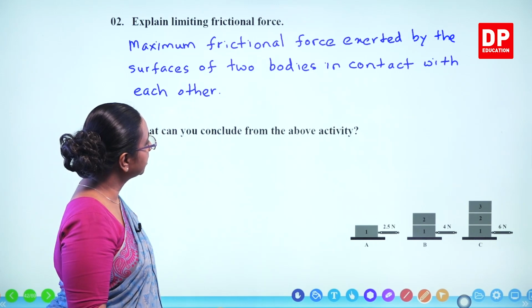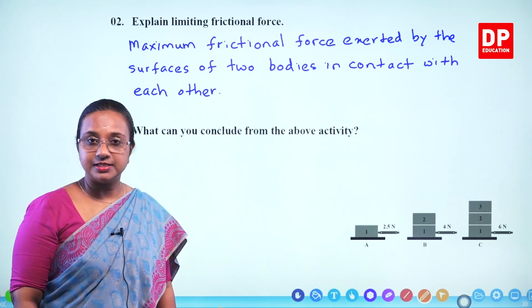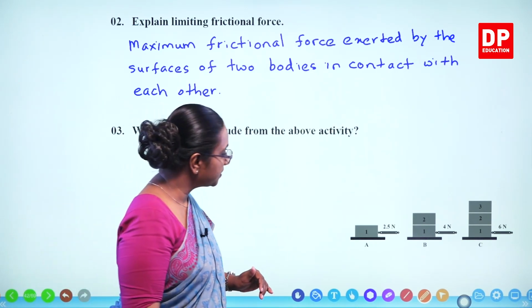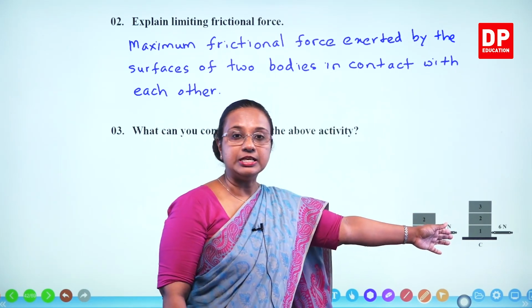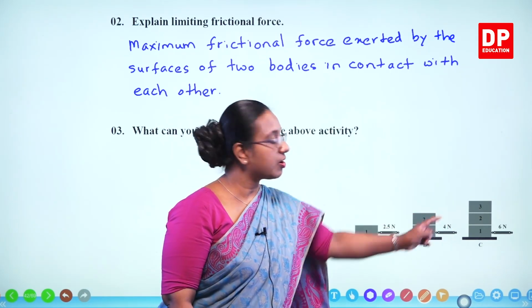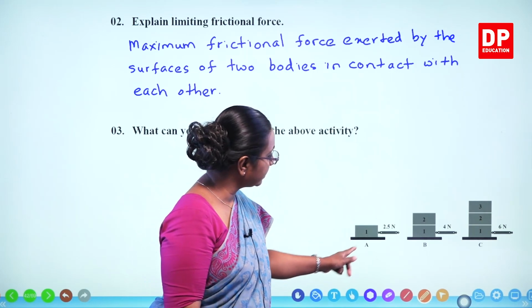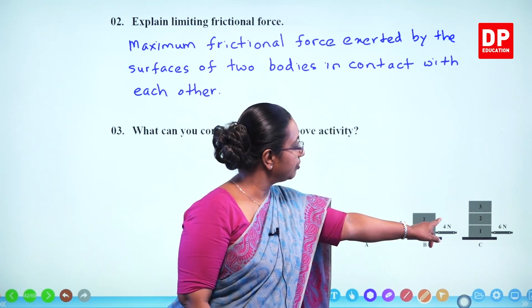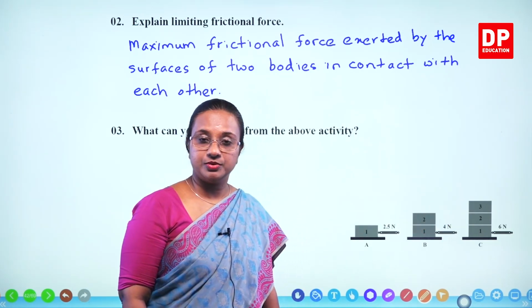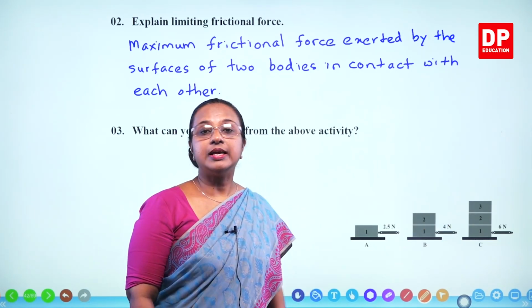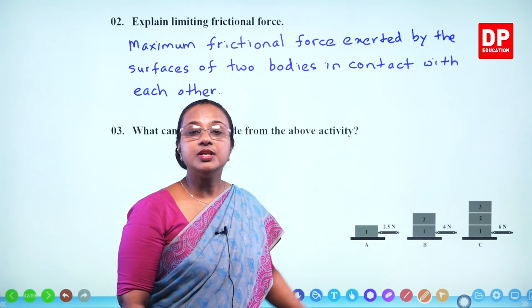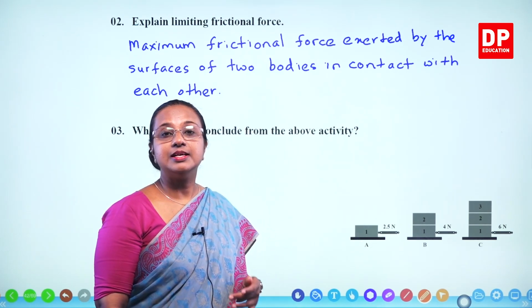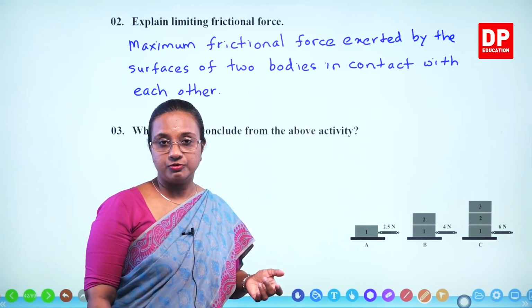What can you conclude from the above activity? What is the observation? It's given to you here. When the number of blocks increase, you can see the Newton balance reading, 2.5 Newton, 4 Newton, 6 Newton, is also increasing. And the Newton balance reading is the limiting frictional force.